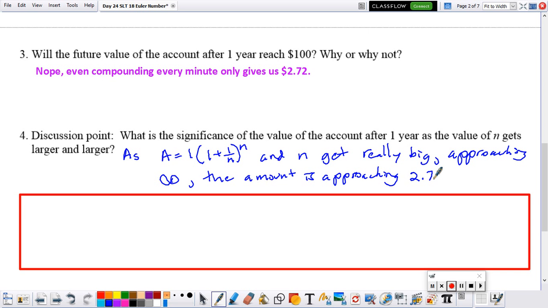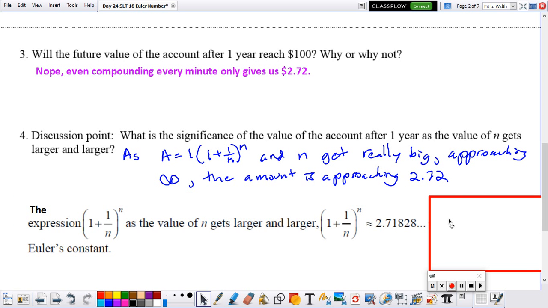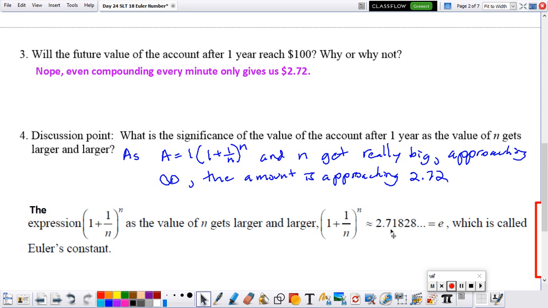And what this leads us to is the value of e. So as n gets larger and larger, we are approaching this number. You guys need to write this down. Like, this is important. You need to write this down. Okay? As n gets larger and larger, 1 plus 1 over n raised to n is approaching e.